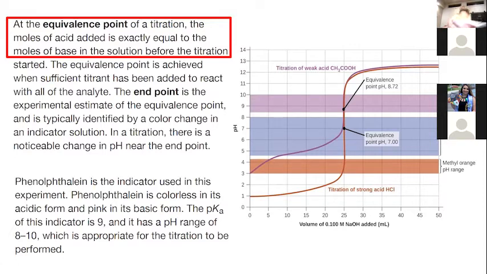So this is what you would see if you were looking at the pH during a titration. So here's the pH over here, and this is the volume of sodium hydroxide you're adding. So you add, this would be 25 mL of acetic acid.